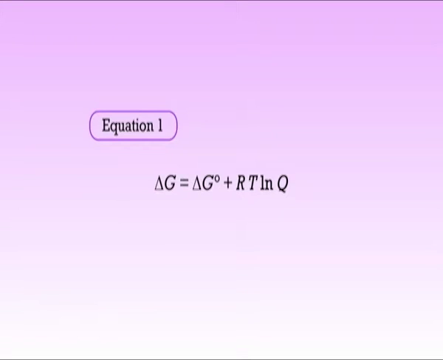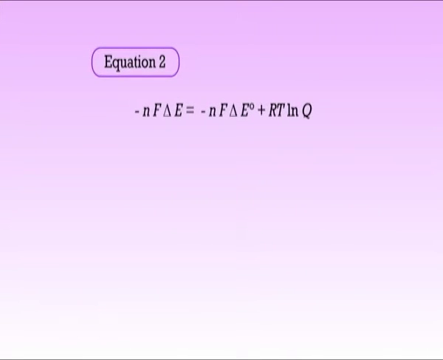So substituting these equations into equation 1, we get minus nF delta E equals minus nF delta E naught plus RT ln Q. Let's call this equation number 2.